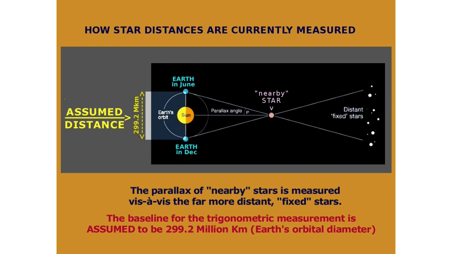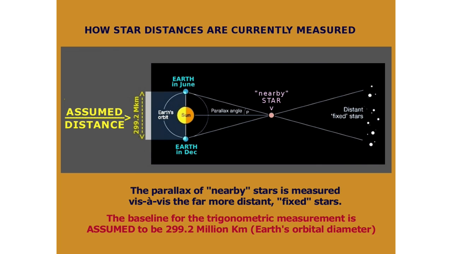So all parallax measurements are based on this baseline, and it was very, very hard, as I said before. It took many, many years before they even saw one single star moving a little bit in relation to the further ones.